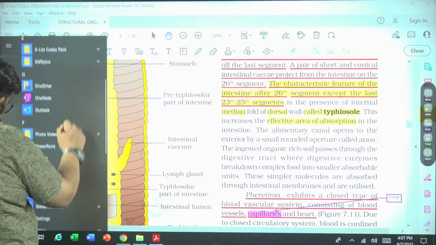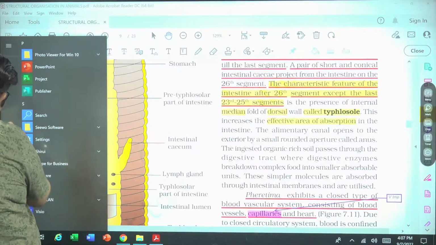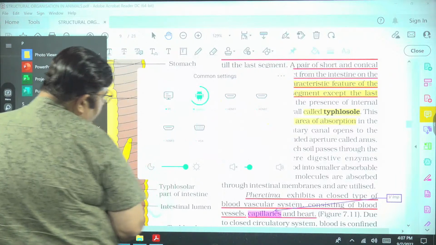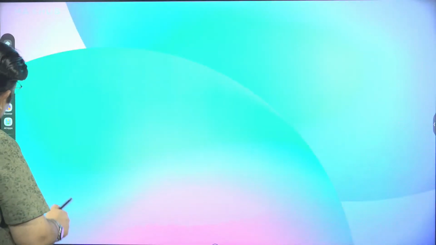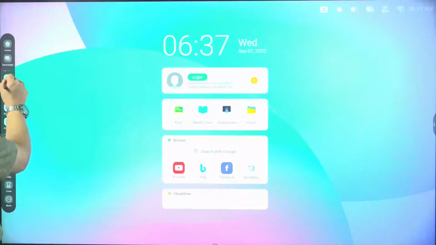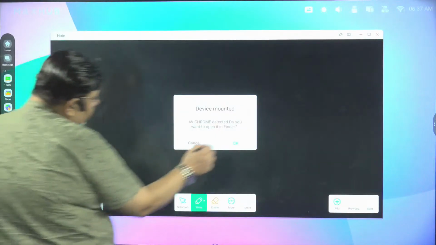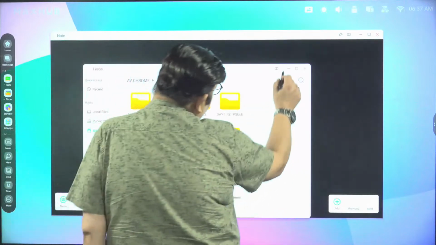Note. Menu, Android. Let's go here and let's begin this. I'll explain this one, okay? We'll go to that one.